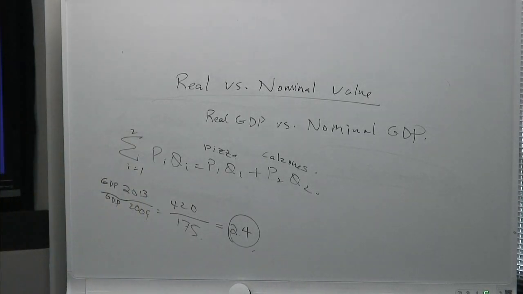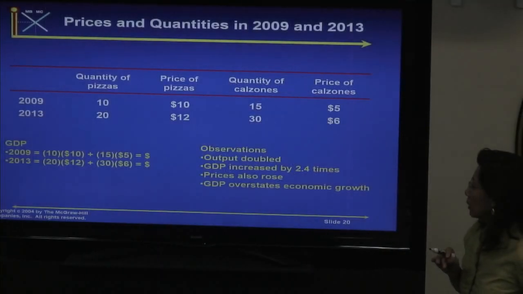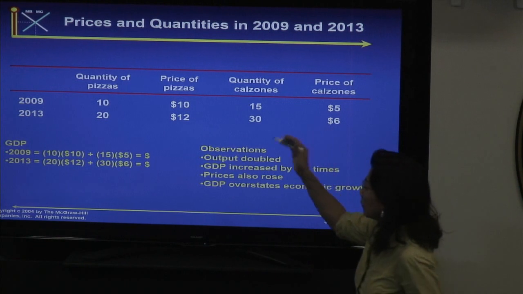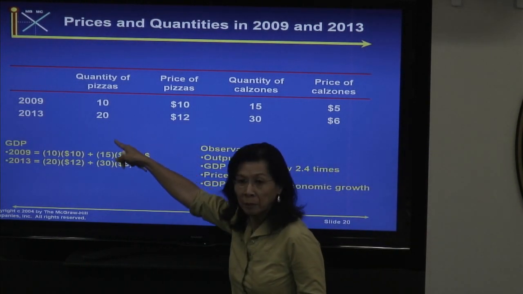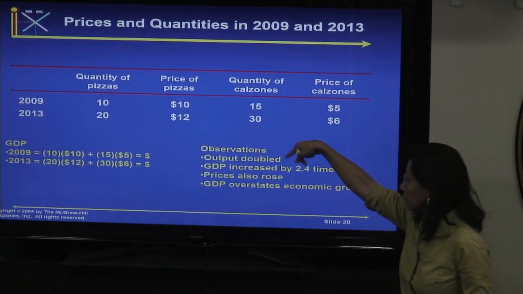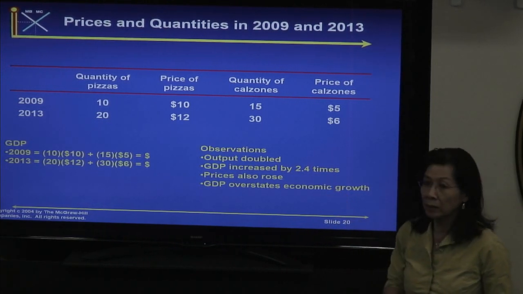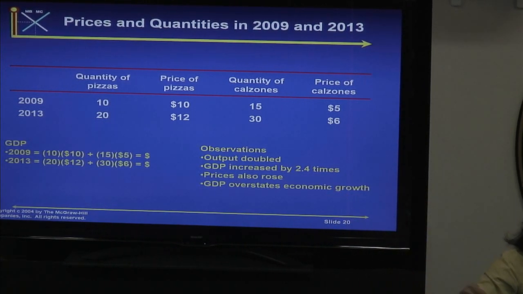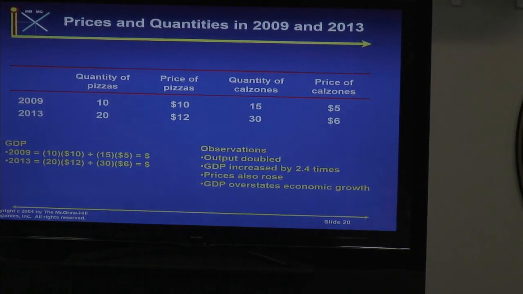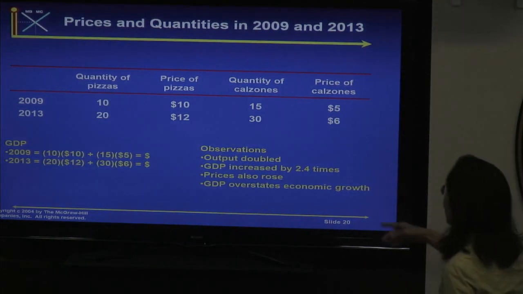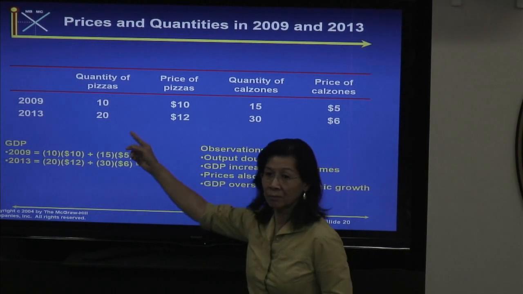All right. So what I want to ask you, take a look at the overall picture. We say that the output has doubled. We doubled the quantity of pizza, we doubled the quantity of calzone. But the GDP has actually gone up by 2.4 times. And we know one of the reasons is that the price has also gone up.